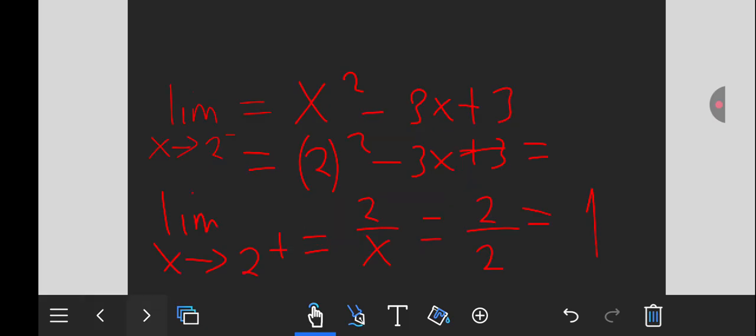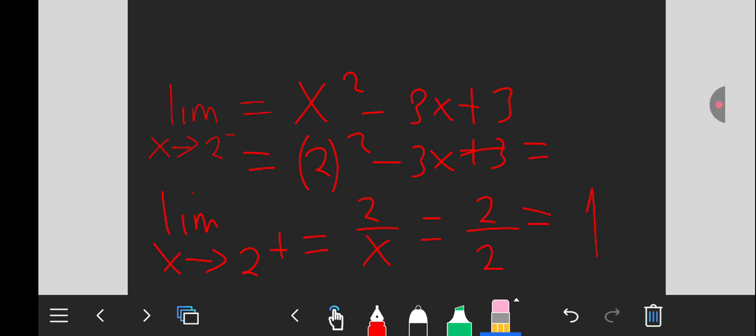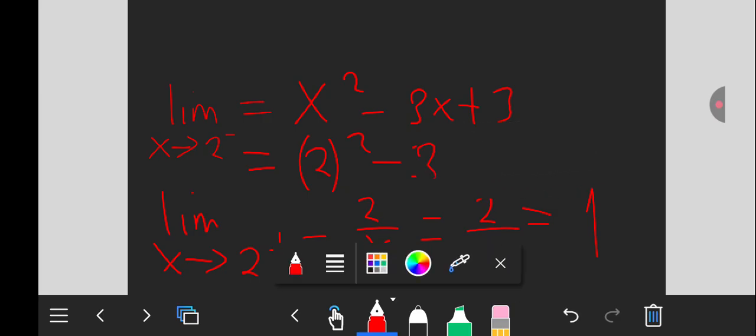Okay, so let's see. For the previous one, we said 2 squared, that is a 4. 4 minus 3x, where there's x, we substitute 2, then plus 3.